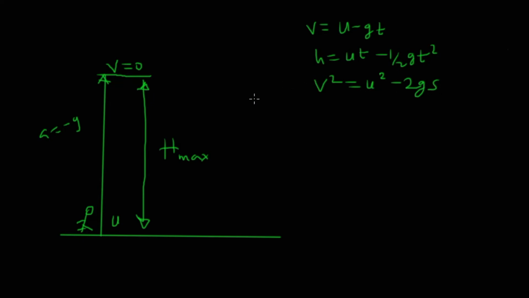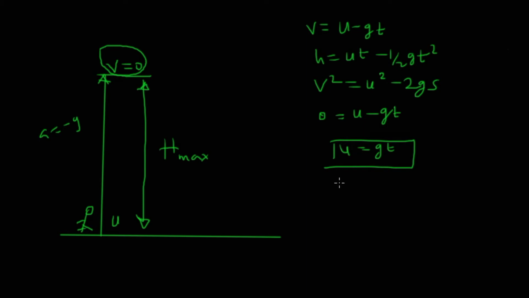Now notice that for an object thrown vertically upwards, its final velocity will be 0. So we can find the initial velocity given the time: 0 equals u minus gt, so that u is equal to gt.